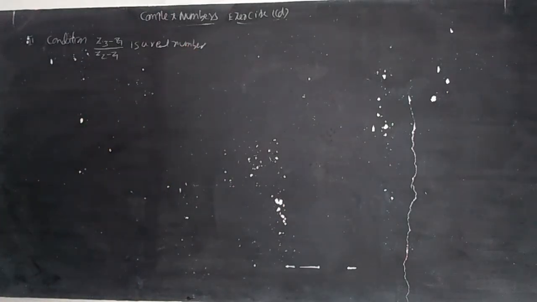We need to prove that the three complex numbers Z1, Z2, Z3 are collinear, if the condition is that this is a real number.